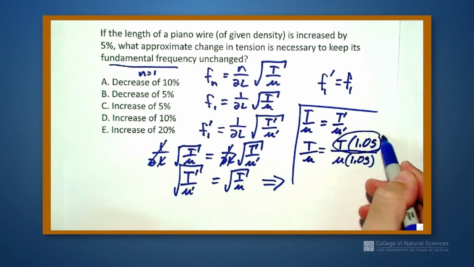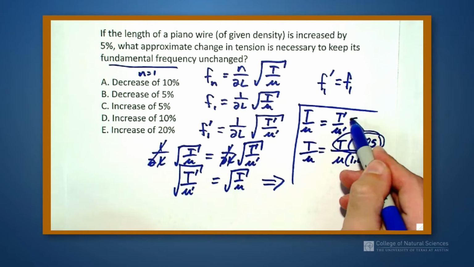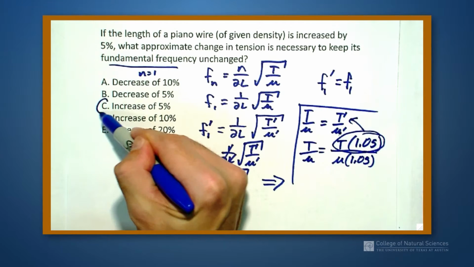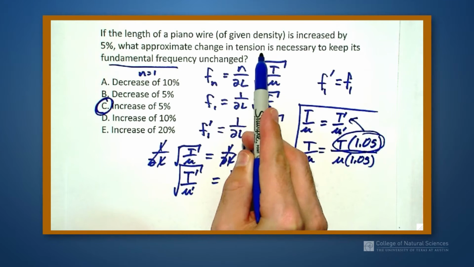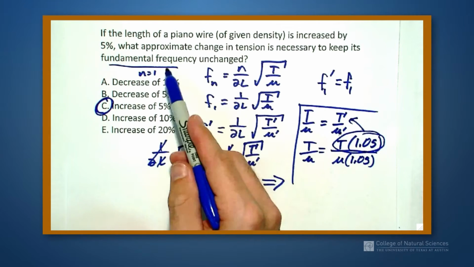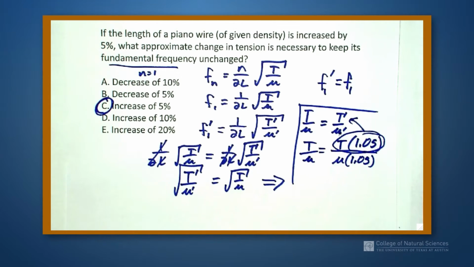So my T prime has to be an increase of 5% as well. If I increase the linear mass density, I have to increase the tension by the same amount to keep the same fundamental frequency. So it's kind of a fun little problem just to see how these pieces will work out.